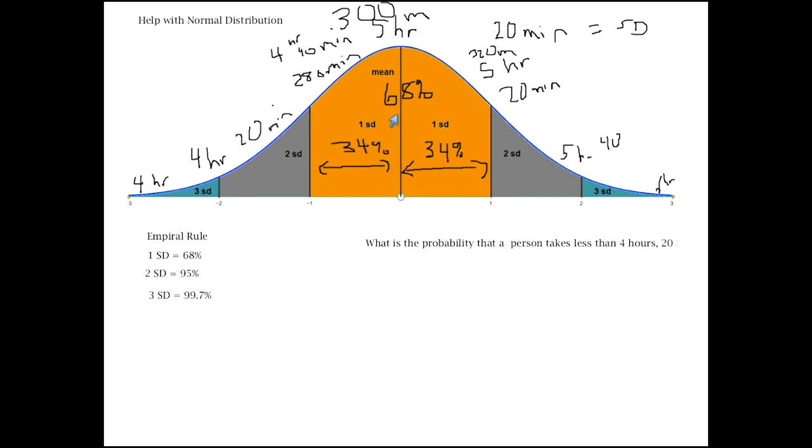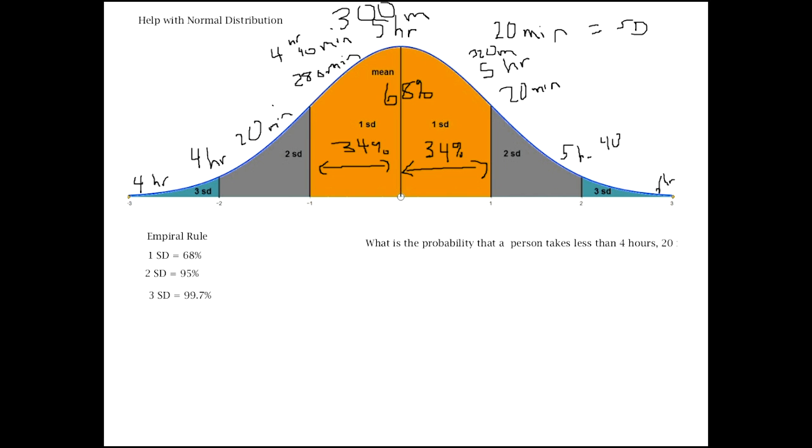Well, what was this 2 standard deviation? Remember how we said this is 68% and these two together are 95%, right? This group of people, but also this is your 95%. That's 95% of your data within this range. We can break that down and figure out how much is in each of these areas.